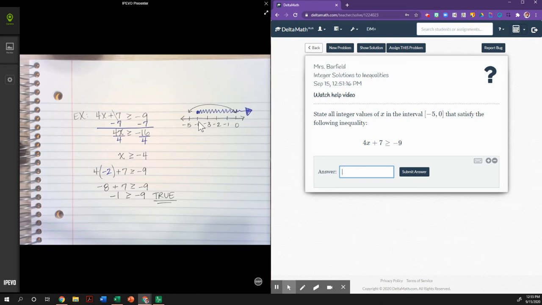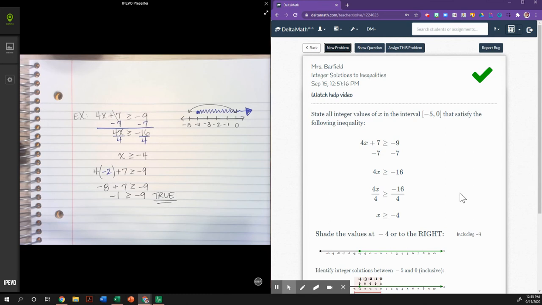So I have to type in -4, -3, -2, -1, and 0, using a comma, because I only type in the ones that work within the interval from -5 to 0. And I hit submit my answer.